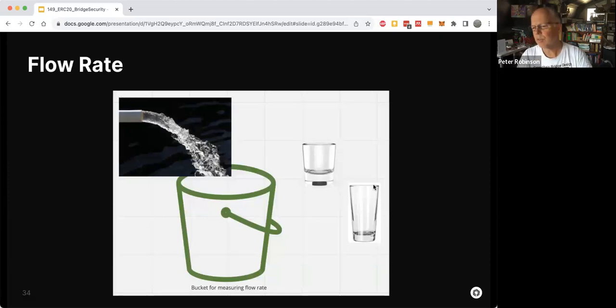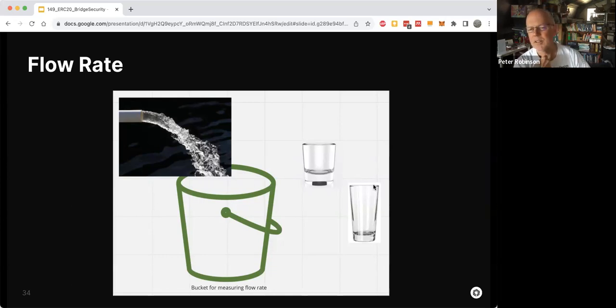The other important feature is flow rate. So imagine you've got a bucket and the bucket is being filled at a specific, constant rate. And you're taking fluid or tokens out of the bucket using various size glasses, depending on the size of the withdrawal.